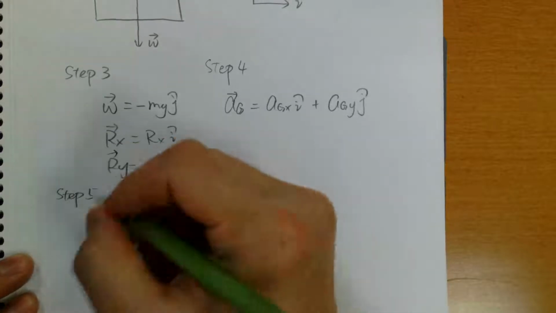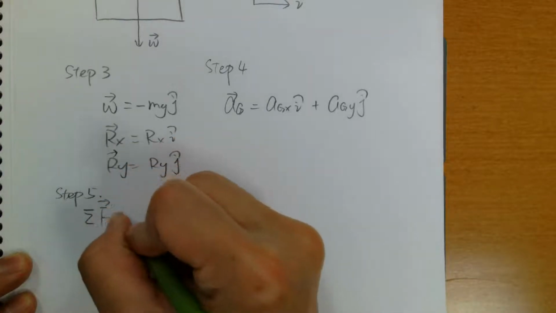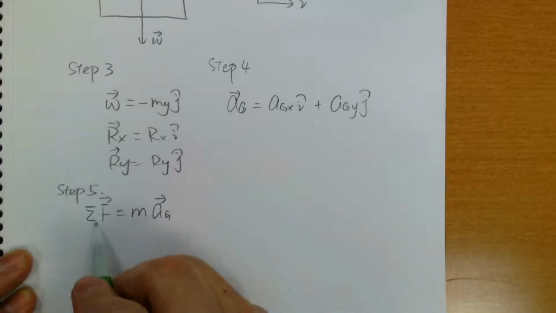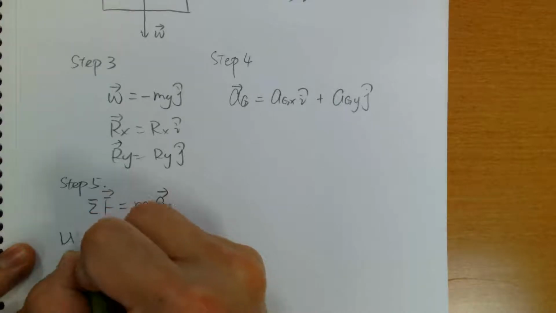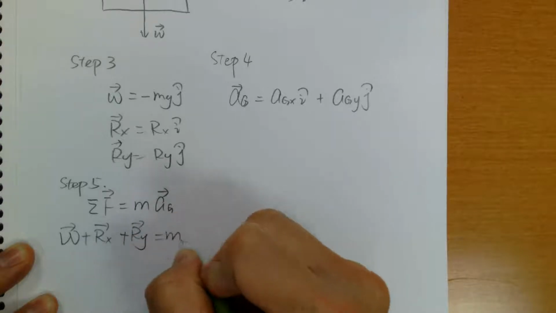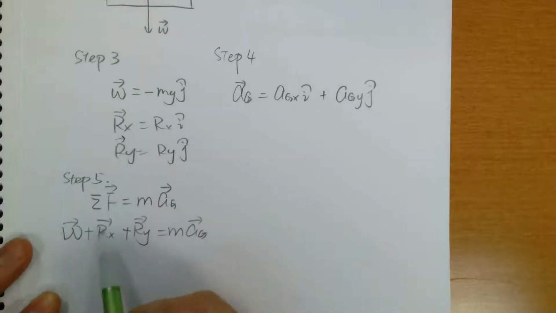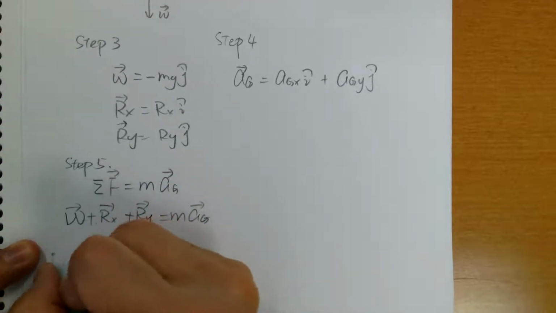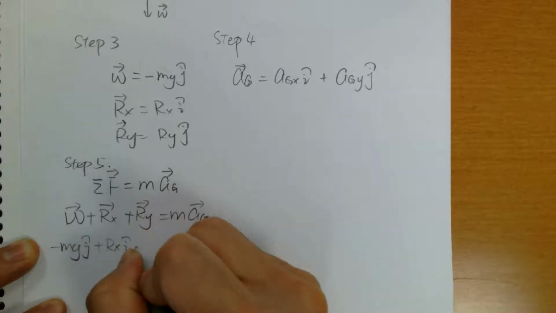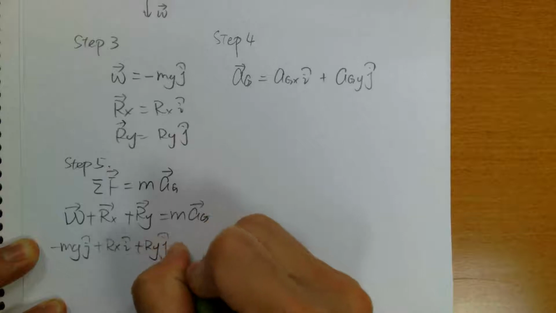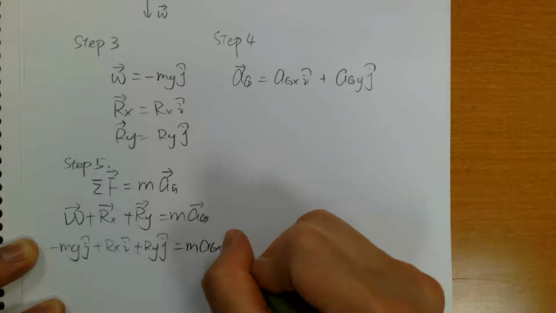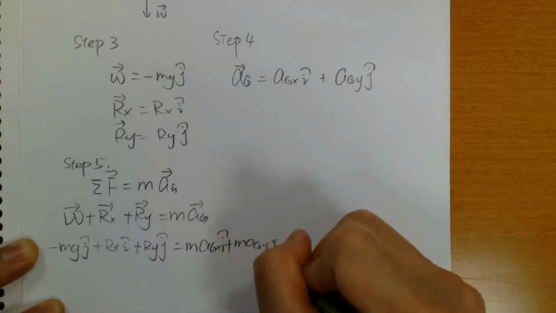Let's move on to step five. That's when you need to use Newton's equation. Sum of all your forces equals mAg. Now let's plug in all our force components. Weight force plus Rx plus Ry equals mAg. We can plug in all the i, j's: mAgx i plus mAgy j.